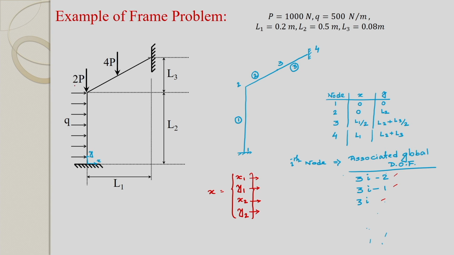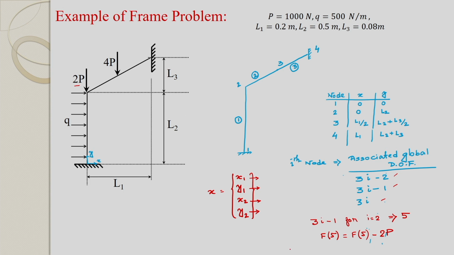So this 2P is associated with global degree of freedom 3i minus 1 for i equal to 2, that is 5. So it will be added to the global location 5, and because it is in negative y direction, it will be minus 2P.